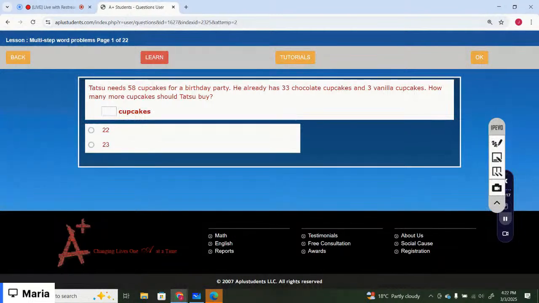Tatsu needs 58 cupcakes for a birthday party. He already had 33 chocolate cupcakes and 3 vanilla cupcakes. How many more cupcakes should Tatsu buy? So he needs 58 cupcakes.